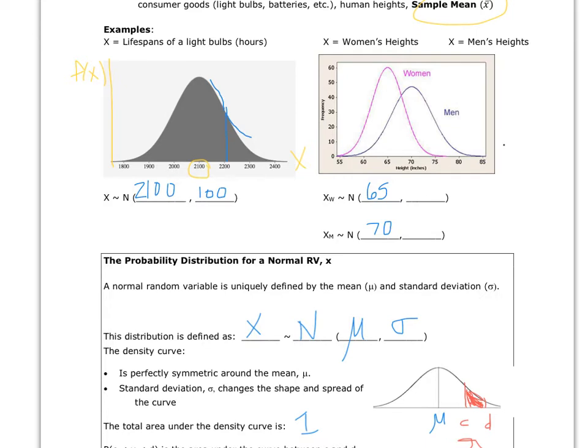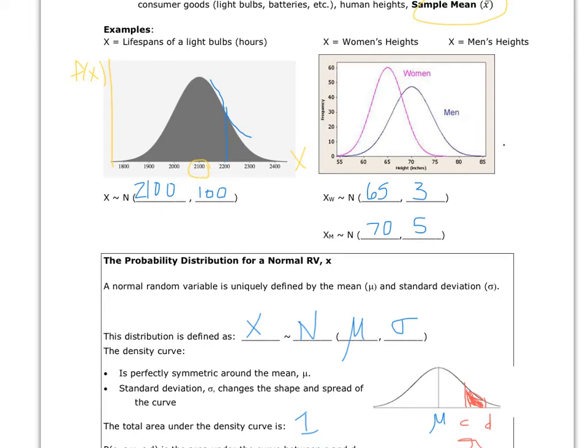It's really difficult to see, but I'm going to say it's about at 68, which would make the standard deviation for women 3. And for men, I'm going to say that it looks like it's at about 75 that change happens. And so we'll say the standard deviation is 5.